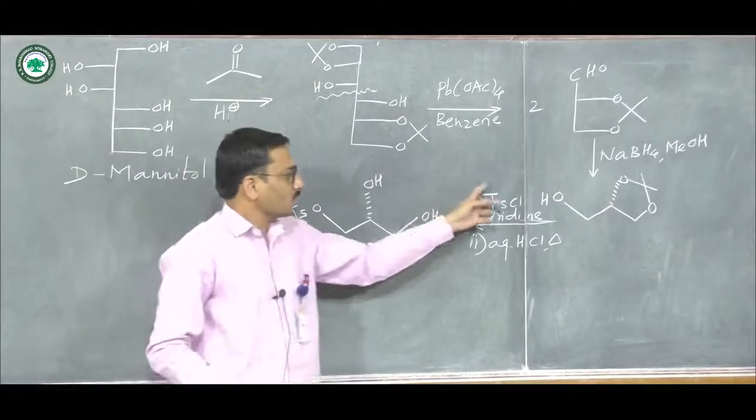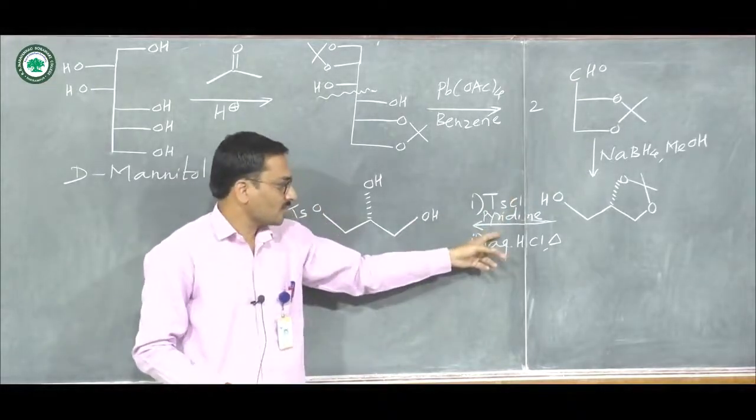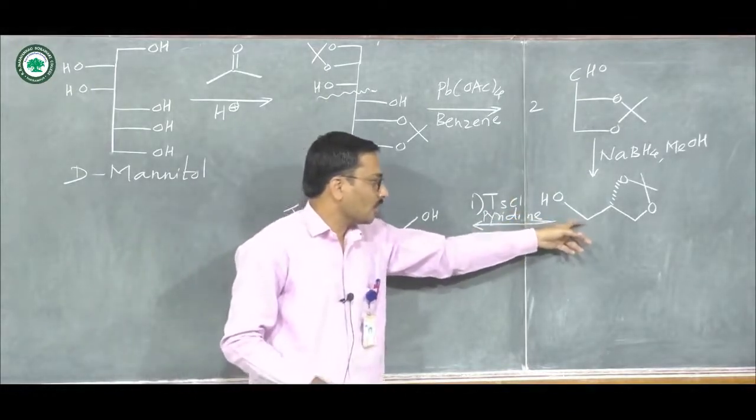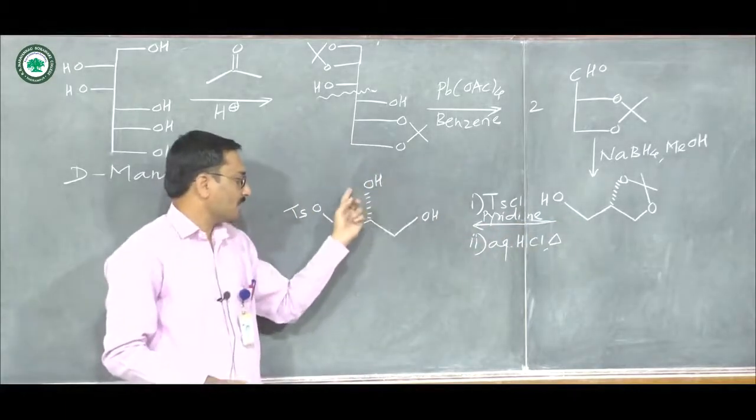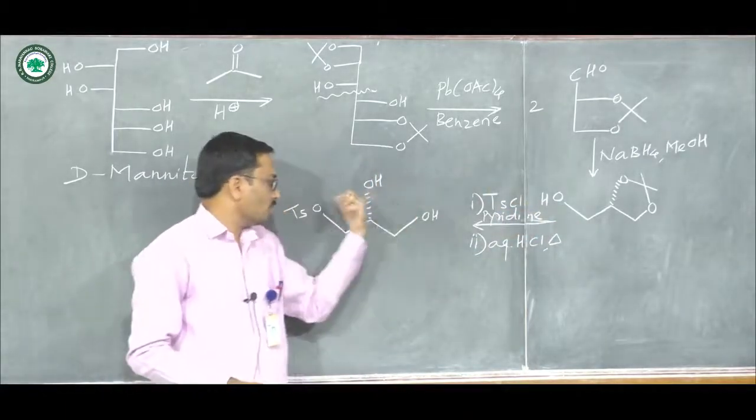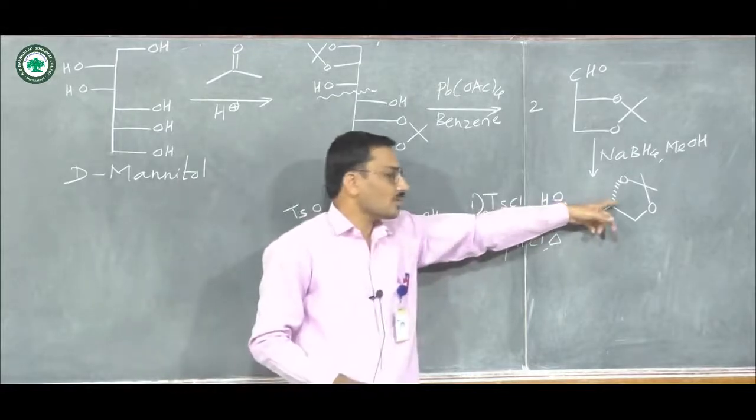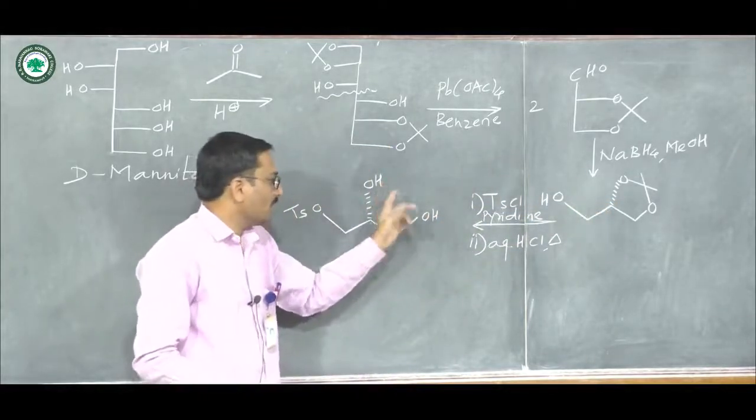By these two successive steps, OH converts into OTs and this ketal undergoes deprotection into the corresponding diol.